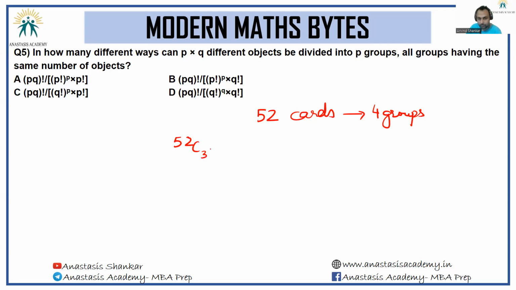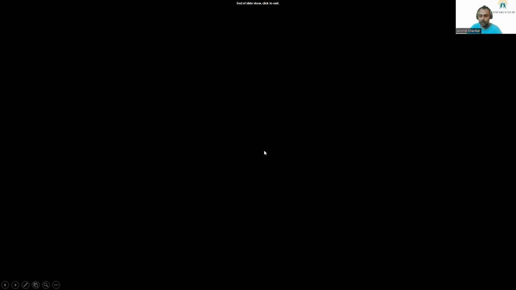Let me first also do P into Q should be 52. I have to divide it into 4 groups, so P is 4 and Q is 13. So 52C13 into 39C13 into 26C13, and the last 13 cards left will go to the last person.